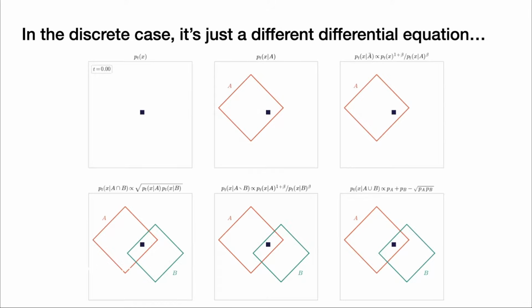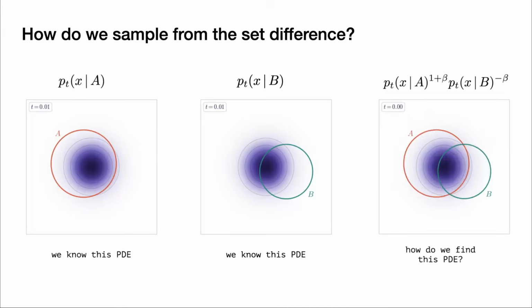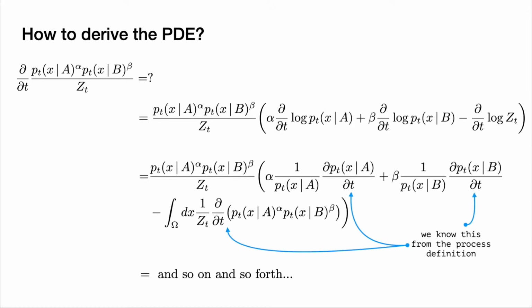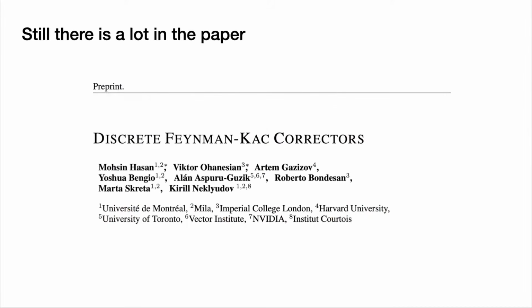The idea here is that it's just a different differential equation because it's just a jump process, but the idea that I showed here with the derivation, pretty much the same philosophy of derivation works. Just instead of the Fokker-Planck equations that we substitute here, we should put the corresponding jump processes, and it's going to work out. And this is called discrete Feynman-Kac correctors.